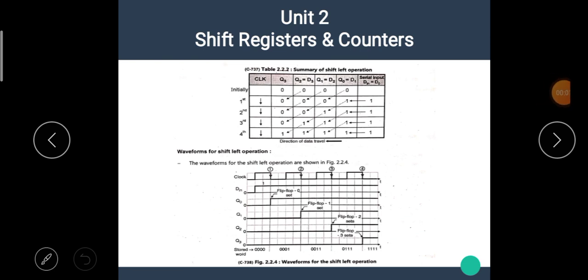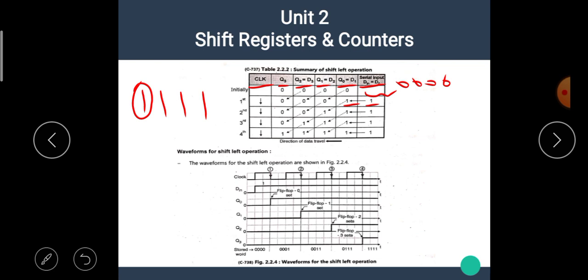The operation of the shift register can be clearly understood by this truth table. In this truth table, we can see the clock, Q3, Q2, Q1, Q0 and data in. We know that at the initial state all the outputs have the value 0 0 0 0. Now we want to enter the data 1 1 1 1. Hence first give the MSB to the data in, and flip flop 0 sets, hence Q0 becomes 1.